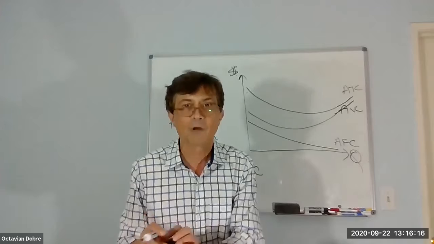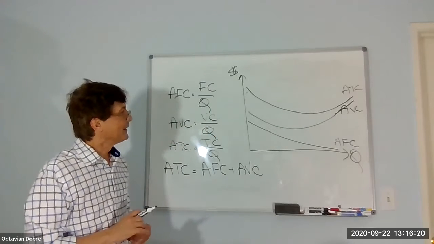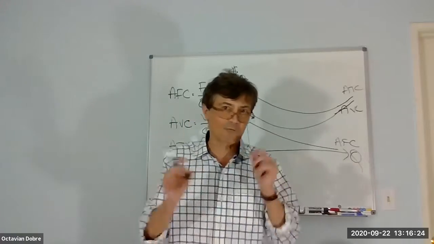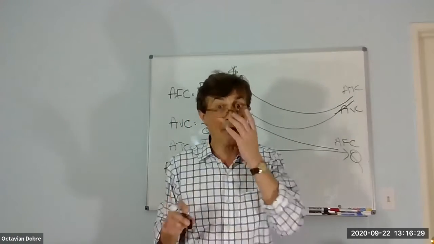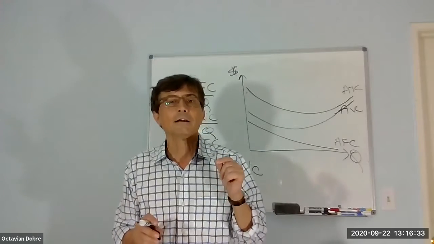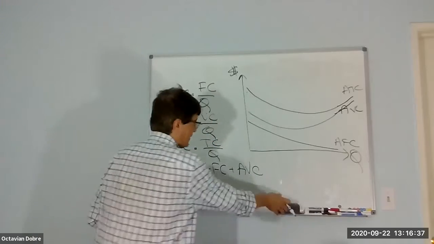Okay, good, excellent. Now I have one more cost that I'm going to mention, which I have not mentioned before, and it's a very, very important cost for us in economics. It's something called marginal cost. Let me erase this.